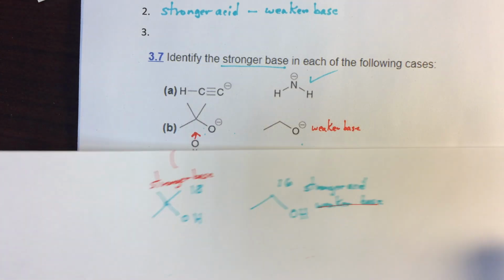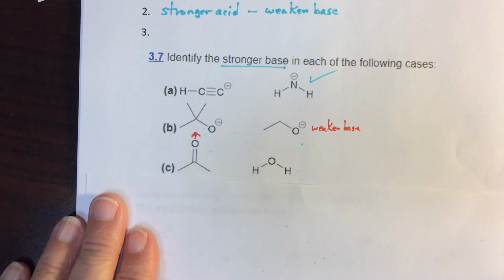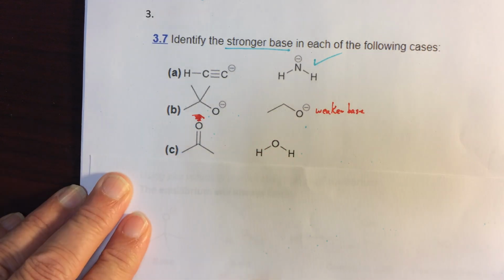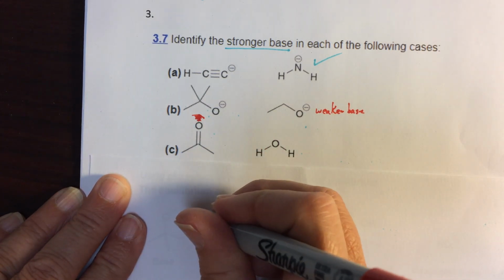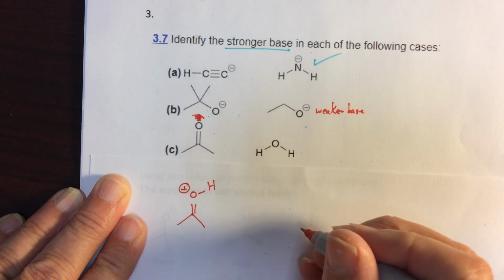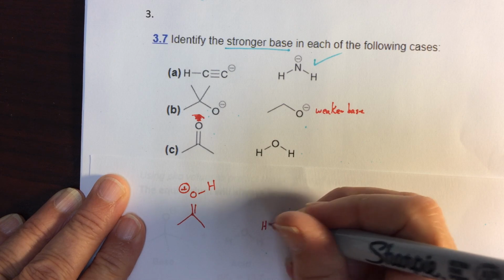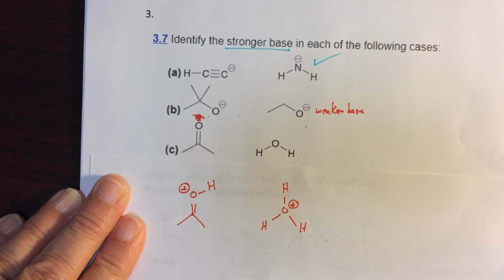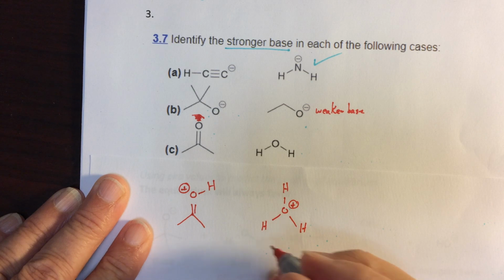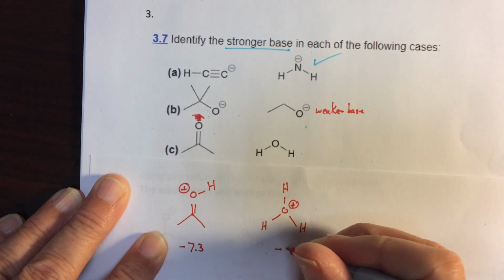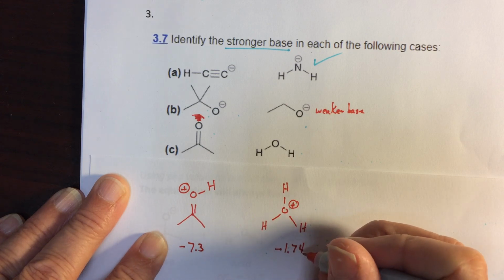All right, let's look at one more. We're going to have a compound that looks like this, and one that looks like that. We look on our table, and we see that this one is minus 7.3, and this one is minus 1.74.